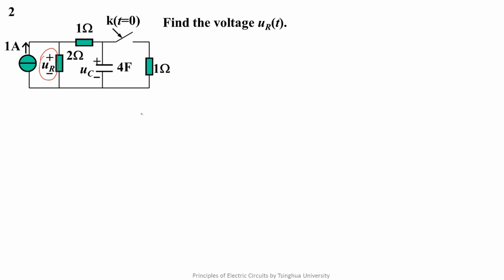In order to solve the steady state before switching, we draw the 0- equivalent circuit. You should notice we only need to solve the capacitor's voltage or the inductor's current in the steady state before switching. In this circuit, UC(0-) equals 2 volts.